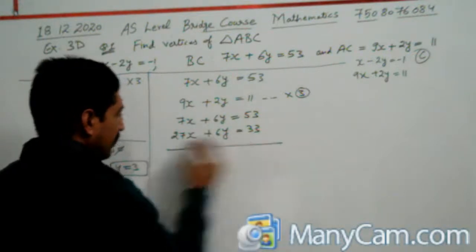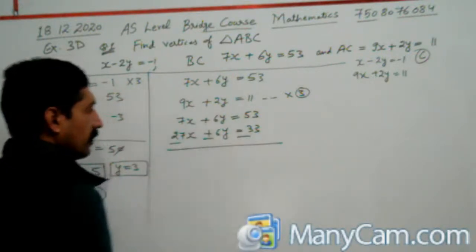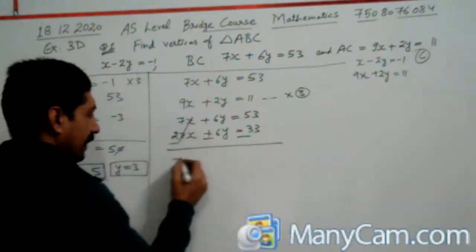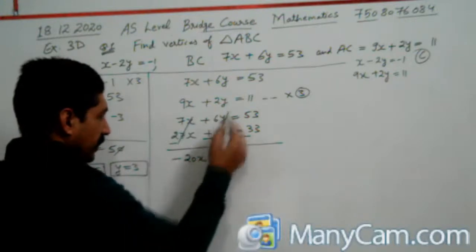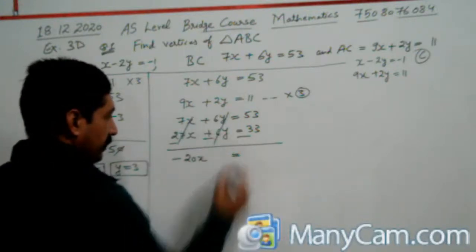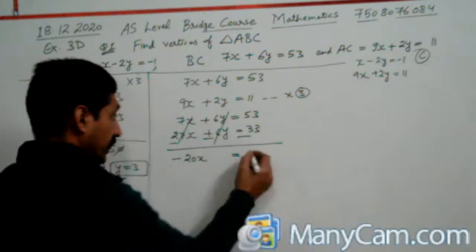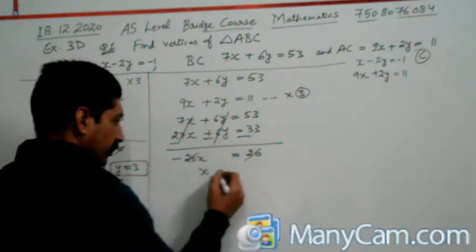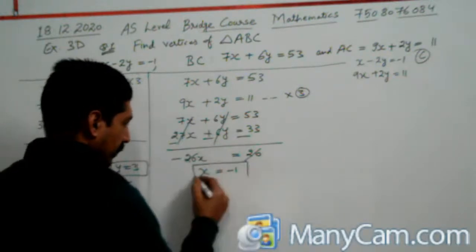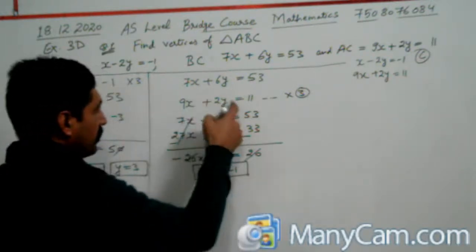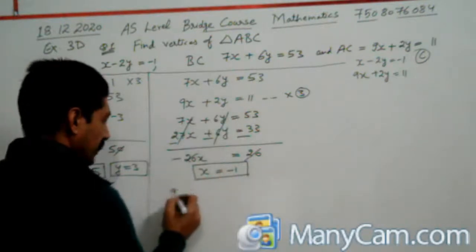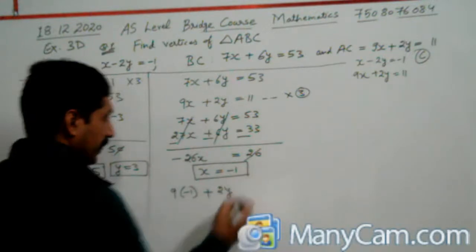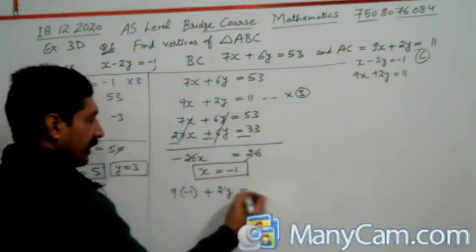Now when I subtract the equations, the signs are changed. Here when we subtract, we have minus 20x. Here 6y gets cancelled and here we have 20. So what is x? x is equal to minus 1. And substituting the value in any of the equations, x is minus 1, so 9 times minus 1 plus 2y is equal to 11.